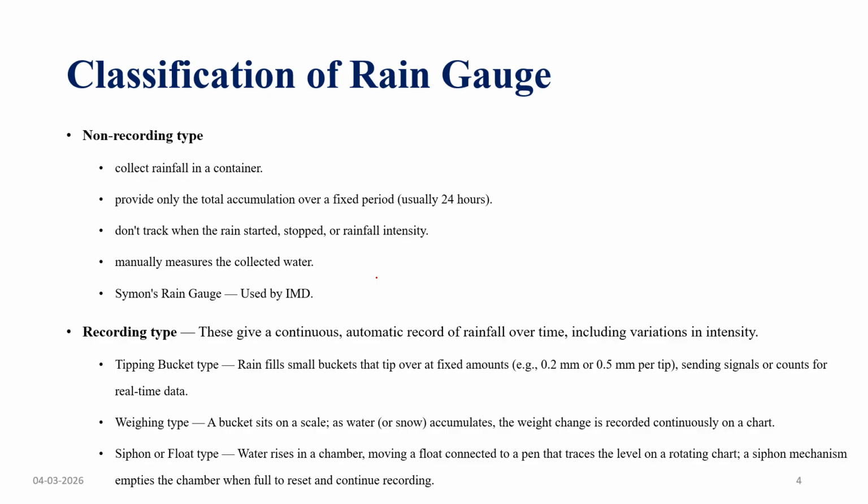Rain gauges are broadly classified into two main categories, non-recording type and recording type. Here in this video, we will focus on the non-recording type rain gauge. This rain gauge collects rainfall in a container and provides only the total rainfall over a specific period of time, but it does not give the rainfall intensity.